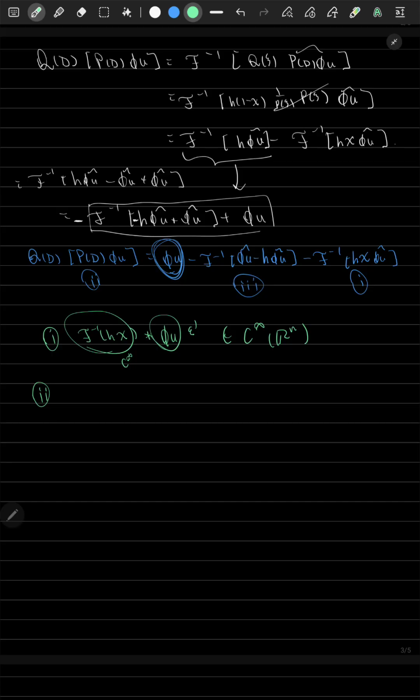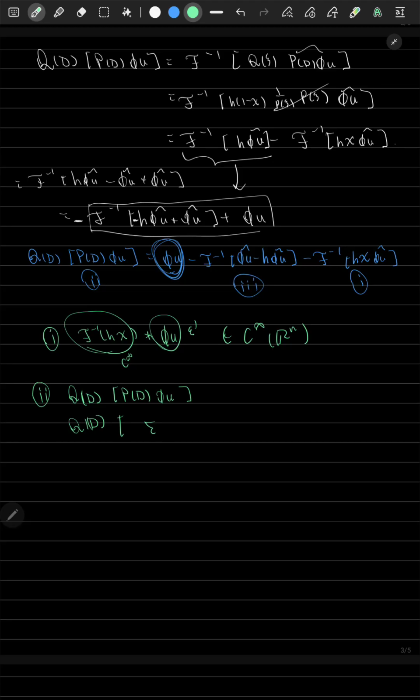So for number 2, we need to use the Leibniz rule. So Q_D of P_D of phi u is actually Q_D of, so we have to use the Leibniz rule here.